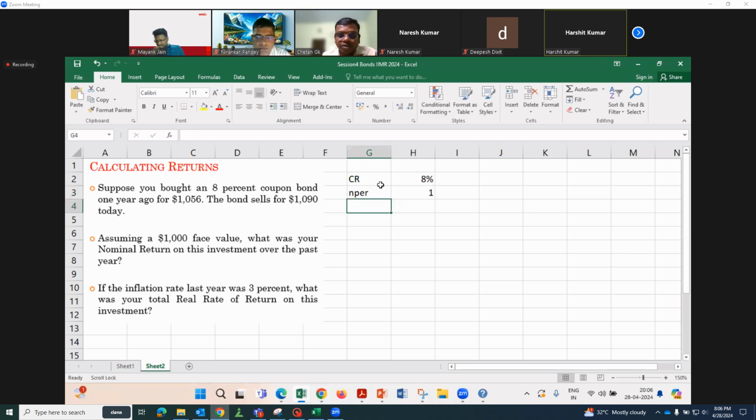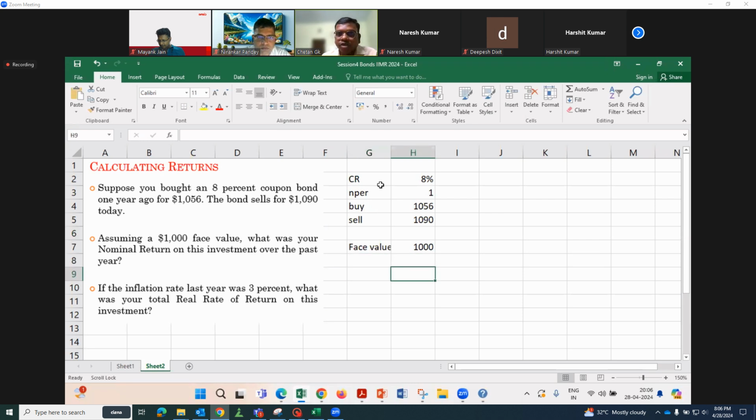At what price did you buy this? Buying price is $1056. Today it is selling at what price? Assuming that you're going to sell at 1090, right? So the face value of the bond is $1000.